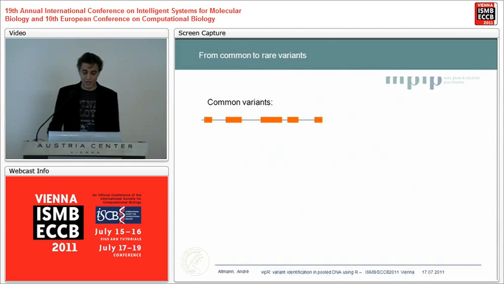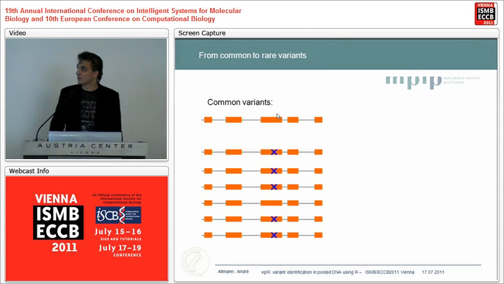So maybe just a brief background on this. If this is a gene and you are looking for something under the common variant hypothesis, you assume that all or lots of patients or sick individuals have the same mutation. With the rare ones, it looks different.